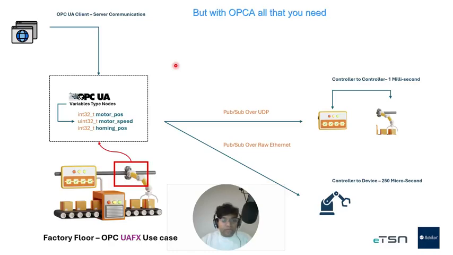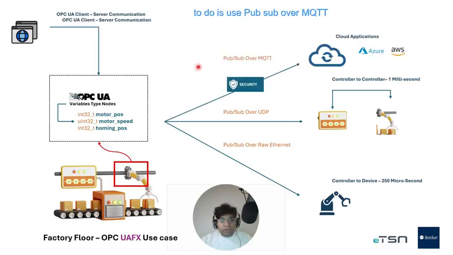But with OPC UA, all you need to do is use PubSub over MQTT, then you will be able to easily transfer the data from the factory floor to the cloud, along with network level security, application layer security, and also transport layer security, that is TLS. SSL is also possible, and you can easily push it to cloud applications like Azure or AWS. So this is the power of OPC UA, and that's what we believe in.